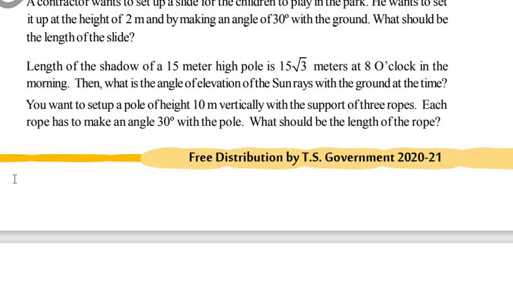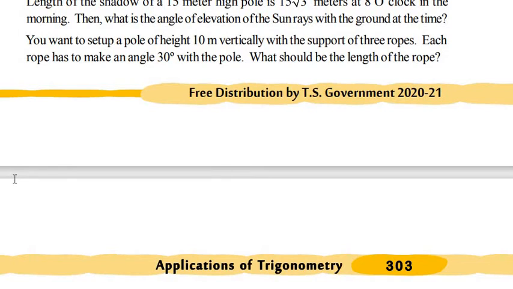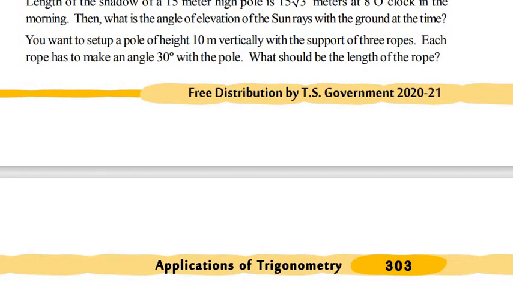Okay, next question, you see. Listen all of you. You want to set up a pole of height 10 meter vertically with the support of 3 ropes. Generally, you see current poles, they tie support wires so that it should not fall.